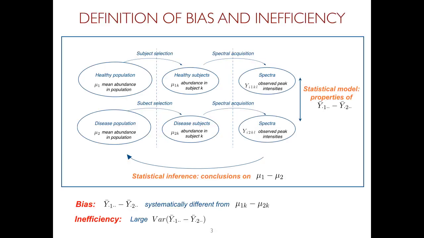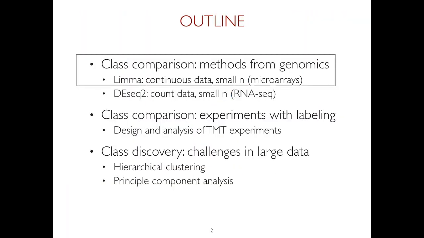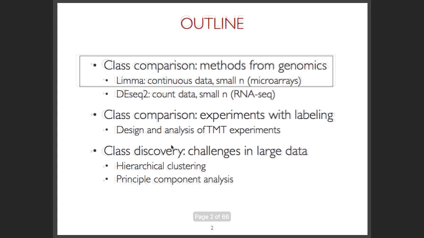So first, a very common approach which people use. The first very common method that people refer to, especially when we talk about problems such as class comparison, that is, comparison of average protein abundances across conditions, is a method called LIMMA.